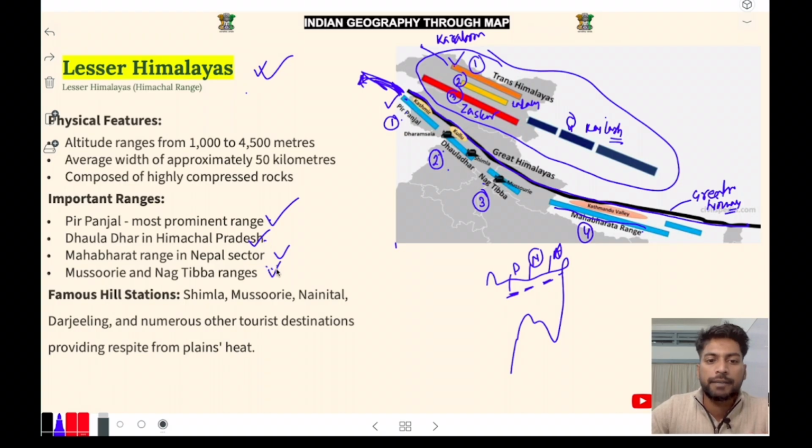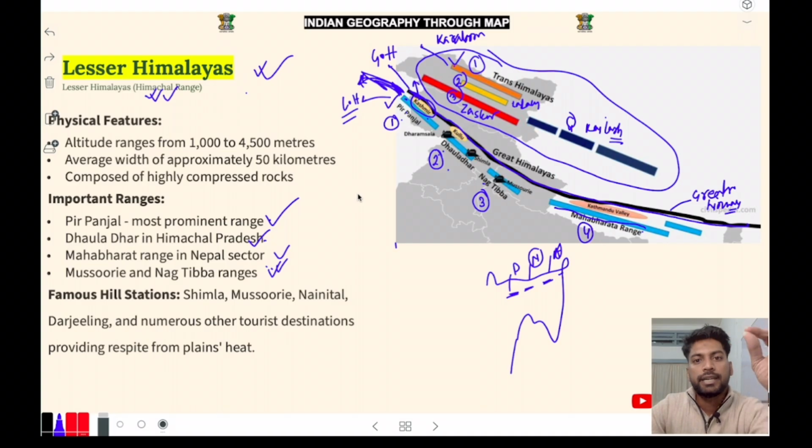Okay, and Nag Tibba. Now see, this is your Greater Himalaya, and the lower one is your Lesser Himalaya, or you can say Himachal range. In between these two, you can see a valley. This valley is called Kashmir Valley. So between Greater Himalaya and Pir Panjal, the plain area in the middle is called Kashmir Valley.